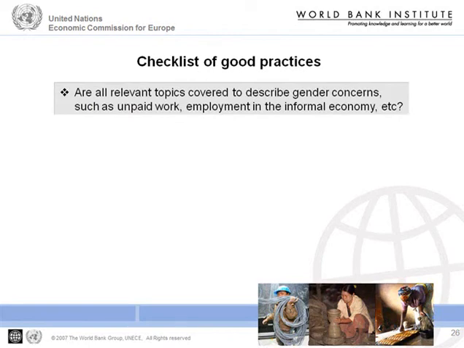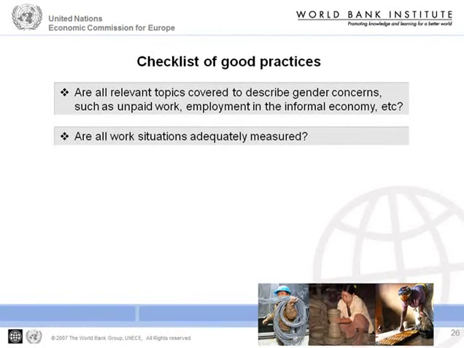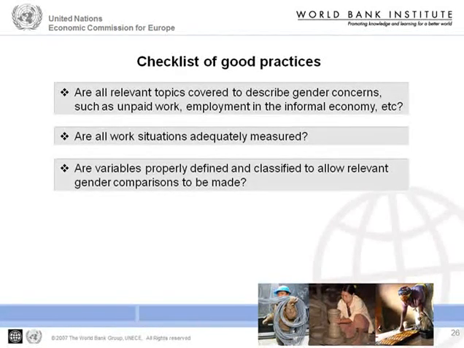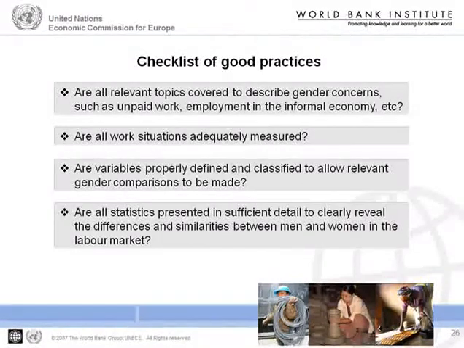Are all relevant topics covered to describe gender concerns such as unpaid work, employment in the informal economy, etc.? Are all work situations adequately measured? Are variables properly defined and classified to allow relevant gender comparisons to be made? Are all statistics presented in sufficient detail to clearly reveal the differences and similarities between men and women in the labour market?